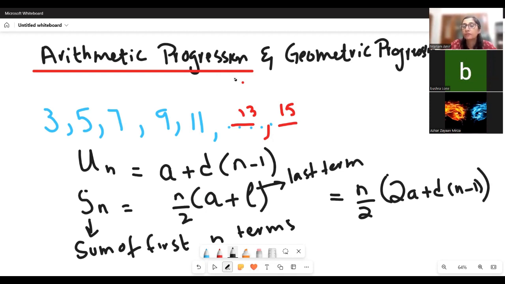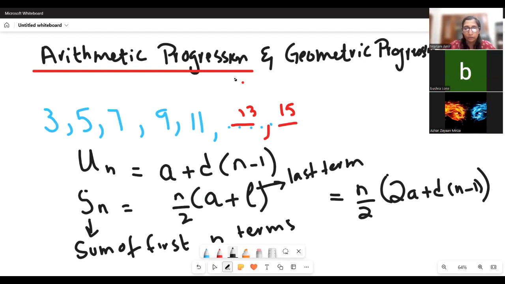This is the formula if you don't have the last term. You just have the number of terms, like find the sum of 30 terms. So n would be 30. A would be the first term of the sequence and D would be the common difference of the sequence.